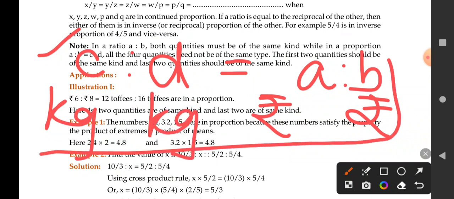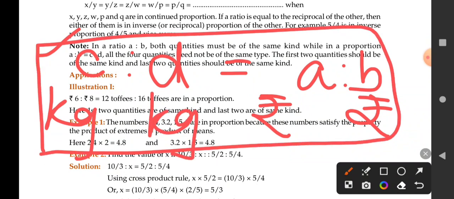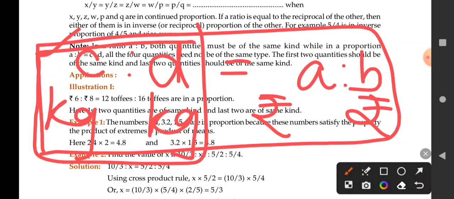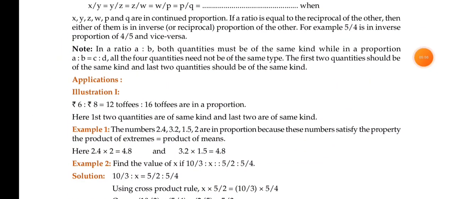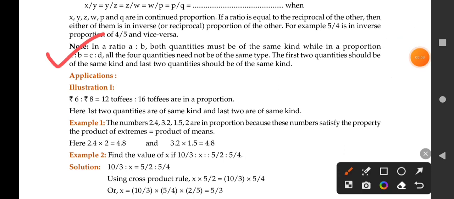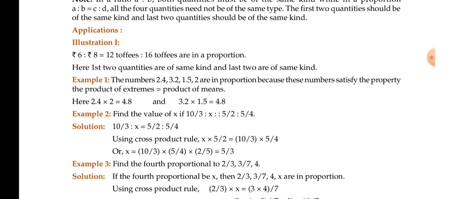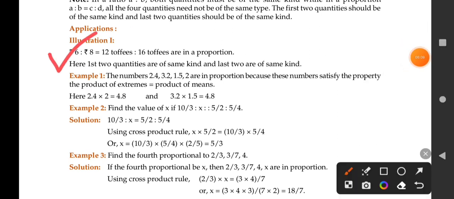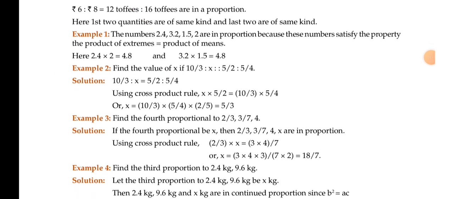Still they can be called a proportion. So one ratio should have the same units within it and the other ratio should have the same units within it, but they can be different from each other. All four quantities need not be of the same type. The first two quantities should be of the same kind and the last two quantities should be of the same kind. Here you can see an example: 6 and 8 are in rupees and 12 and 16 are in toffees, that is numbers.